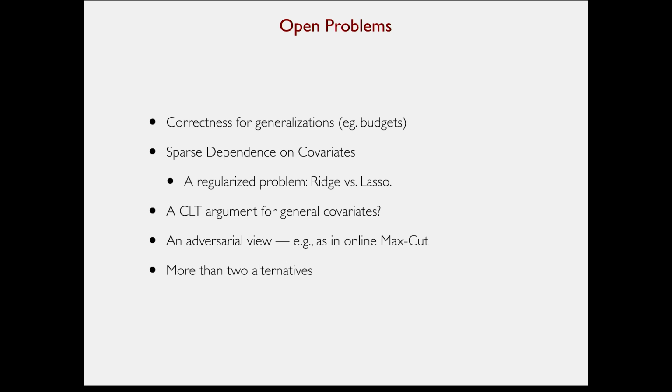Another one, and I think this is much more important, is thinking about models where you know a priori that your dependence on covariates is sparse. I wrote down that linear model, and I said nothing about kappa. Kappa could be anything. But what if you knew that the real kappa is in fact sparse? I think that's a very realistic problem in a lot of these settings.